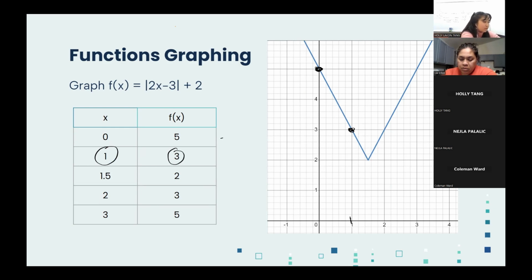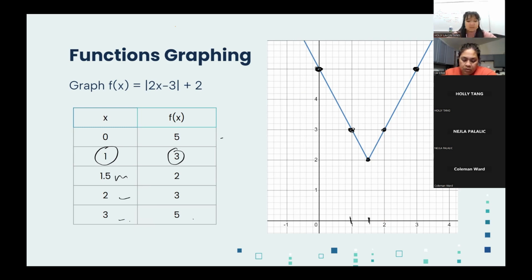Same thing with the 1.5. It's about here, we have a value of 2. And then at 2, we have a value of 3. And then at 3, we have a value of 5. So absolute values always do this kind of V shape. It can be this way or upside down like this. Depends on the negatives and the different shifters, right?